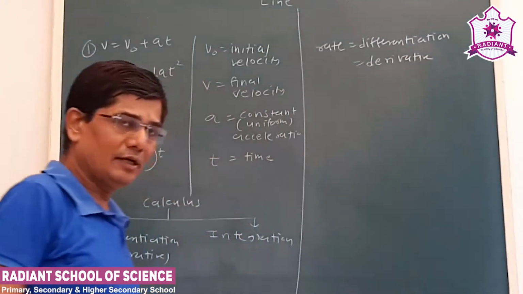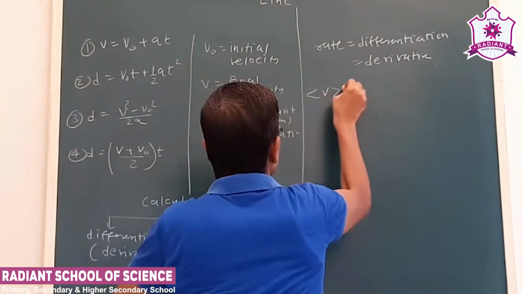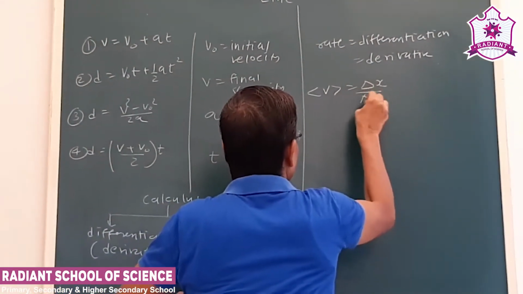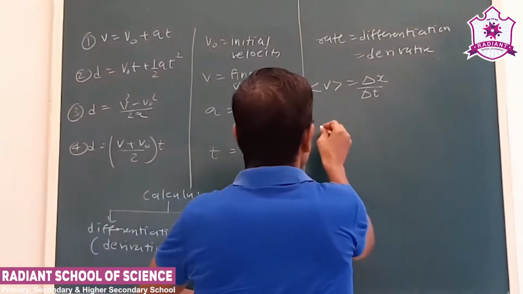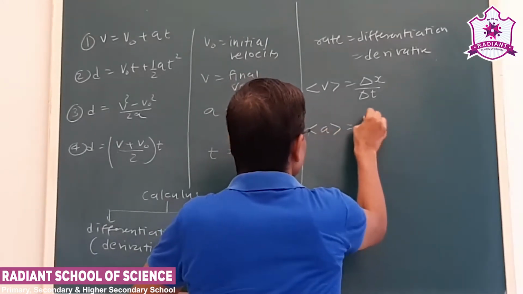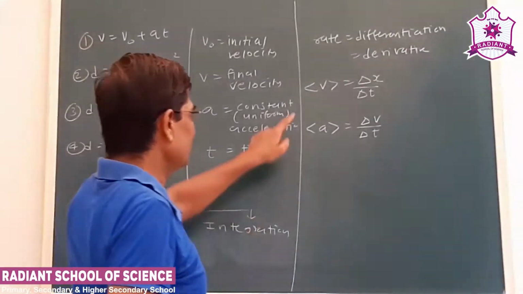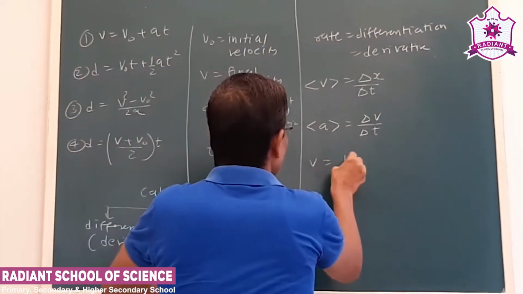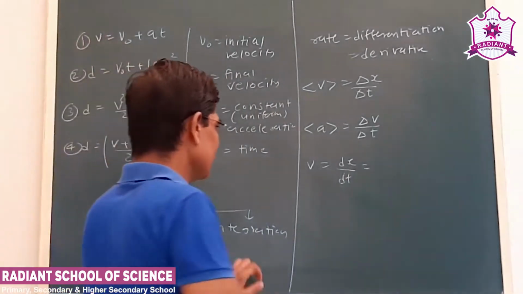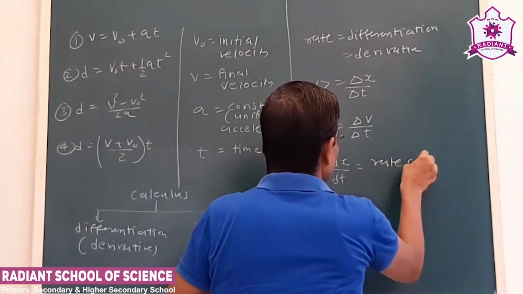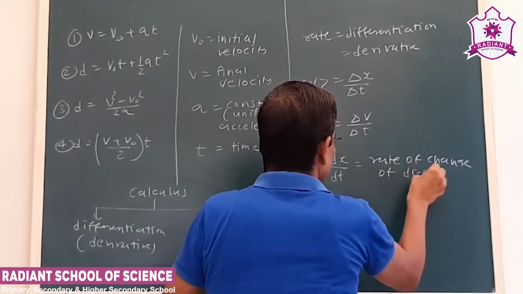In the beginning of the lesson we saw average velocity is delta x upon delta t, where x is displacement. In the same way we studied average acceleration is delta v by delta t. For instantaneous velocity we saw v is equal to dx by dt, so velocity is the rate of change of displacement with time.